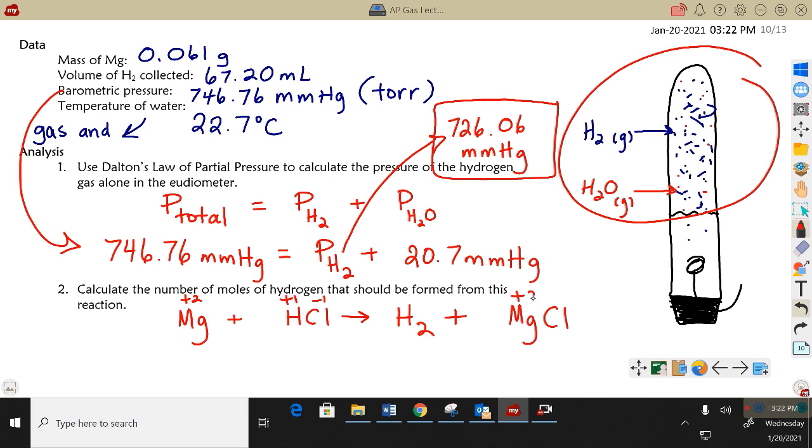And here's why you have to go like charges in your replacement. Because when I make a new product, if it's an ionic product, it's got to have a positive ion and a negative ion. So I've got to switch a positive for positive or a negative for a negative. Now I just balance out this formula, make it neutral with 2 chlorine ions.